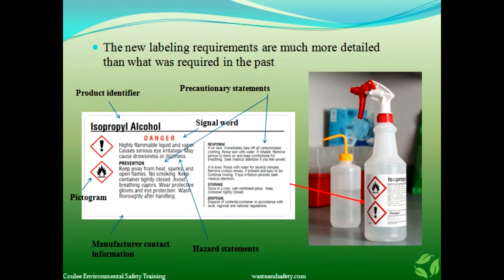It has to have the signal word, either warning or danger. It has to have the pictograms that are part of the GHS labeling system. You must have the precautionary statements, which in some cases can be quite detailed, as well as the hazard statement about that product. And then also, which isn't on this label here, it should have that manufacturer's contact information as well.